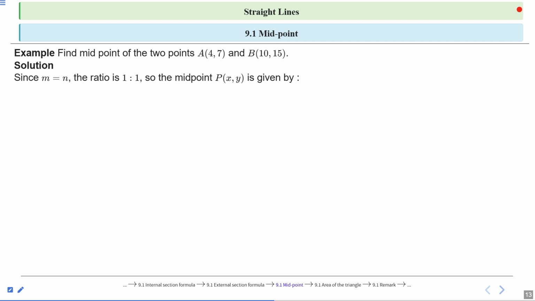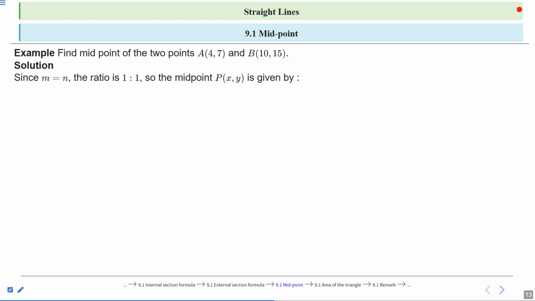Since m equal to n, the ratio is 1:1. That means the point P x comma y divides the line segment joining A 4,7 and B 10,15 internally in the ratio 1:1.